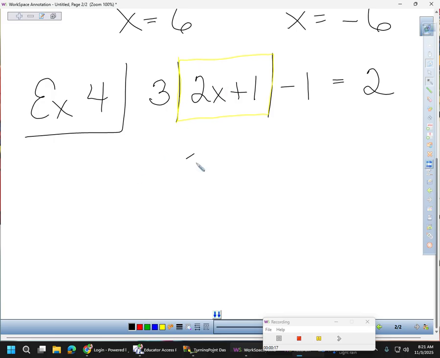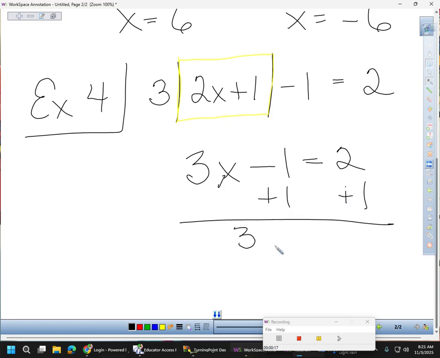If I wrote this as 3x minus 1 equals 2, how would I go about solving that? How would I get x by itself? We would add 1 over, right? We would add 1 to the other side. So we'd have 3x equals 3, and then what would we do? Divide by the coefficient on x.